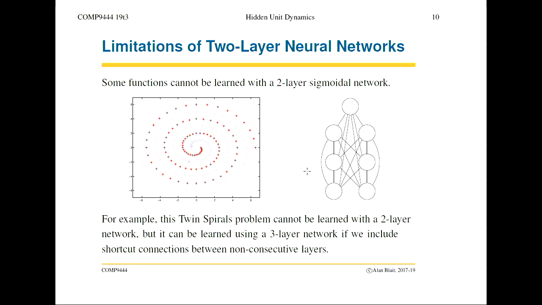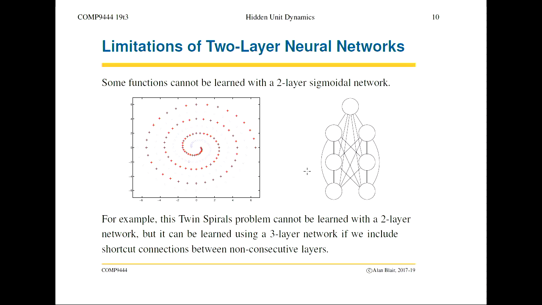A two-layer neural network can learn a bigger variety of functions, but there are some types of functions that a two-layer neural network can't learn. And this is one example of a function which really can't be learned by a two-layer neural network, but can be learned by a three-layer network.